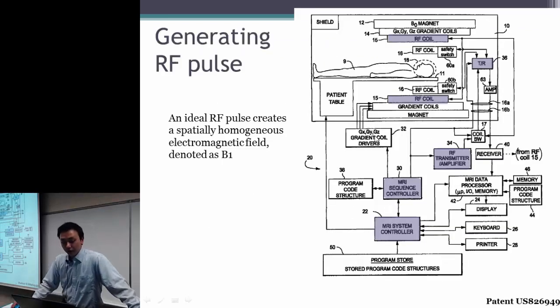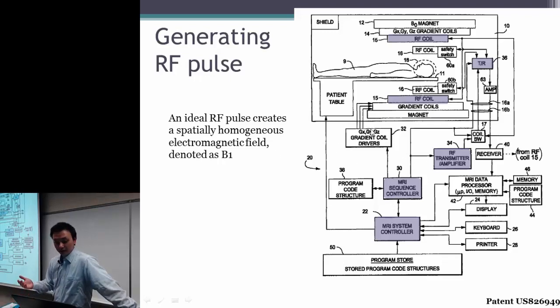Okay, so first let's see how an MRI scanner generates the RF pulse. So this is the diagram. It's actually from a patent file a long time ago. So this is a diagram of the MRI system.